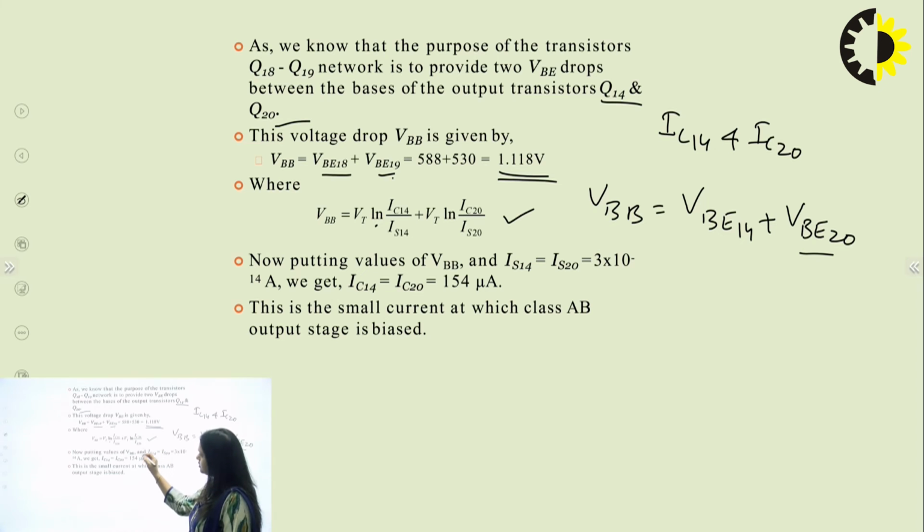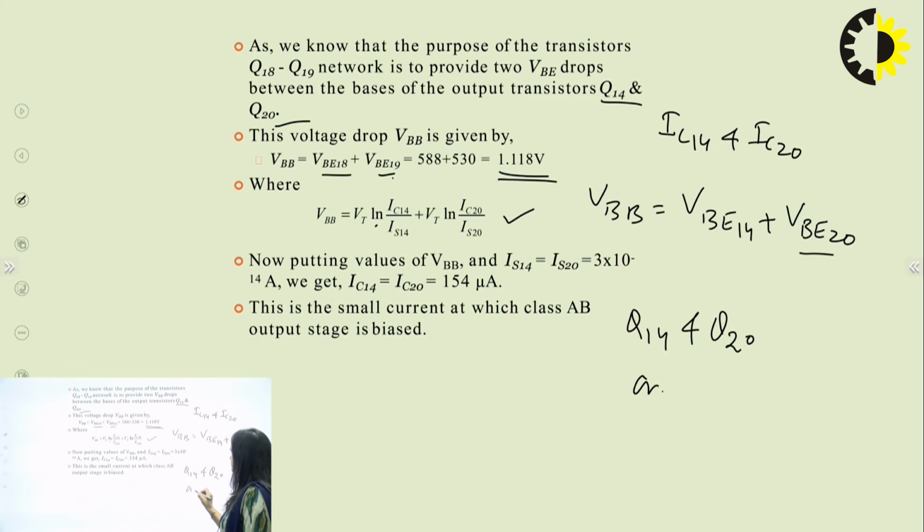Now we know that the transistors Q14 and Q20 are identical transistors, so the current in Q14 is equal to the current in Q20.